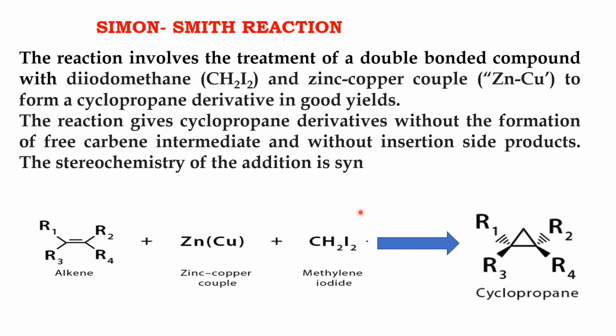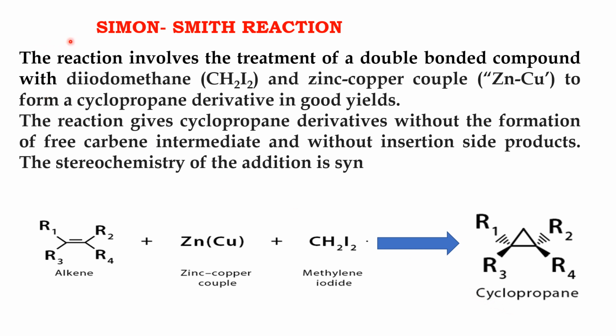See here, I have an alkene. I am treating this alkene with zinc-copper couple and diiodomethane. This diiodomethane contains a carbene, CH2. We know carbenes are species having a lone pair of electrons but no charge. So this carbene gets introduced at the double bonded position to form a cyclopropane derivative.